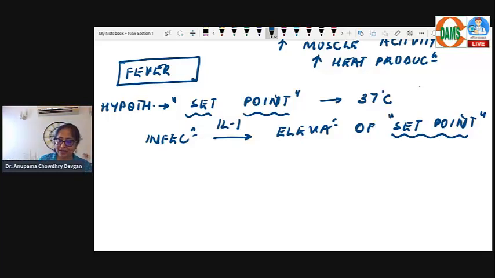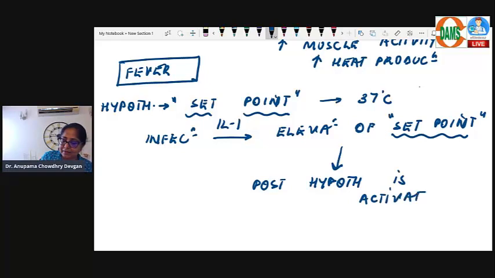Once there is an elevation of the set point, the posterior hypothalamus is activated, because now the body must increase the temperature to this new set point, which is, let's say, 40 degrees. So the body needs to gain heat now.